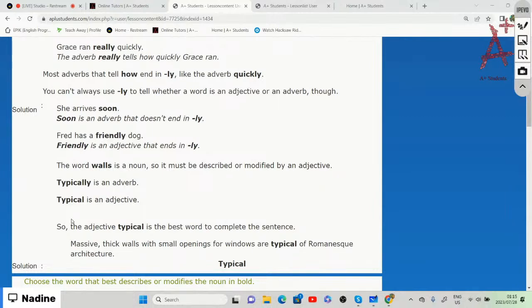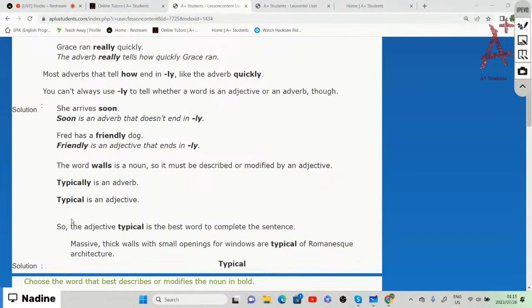adjective, right? So the answer is typical, not typically, it is just typical. The adjective typical is the best word to complete the sentence: massive, thick walls with small openings for windows are typical of the Romanesque architecture.